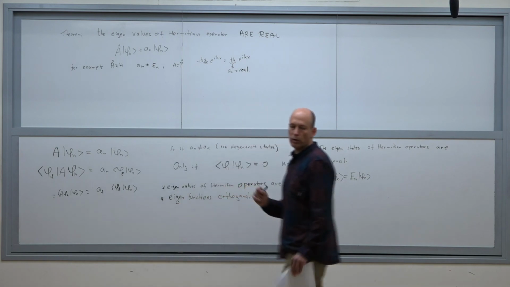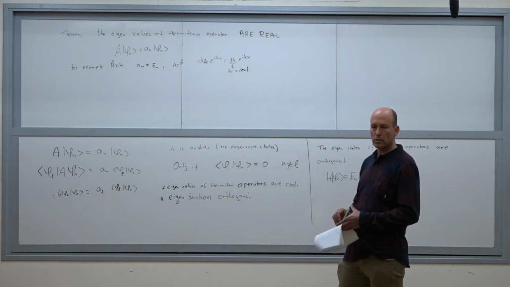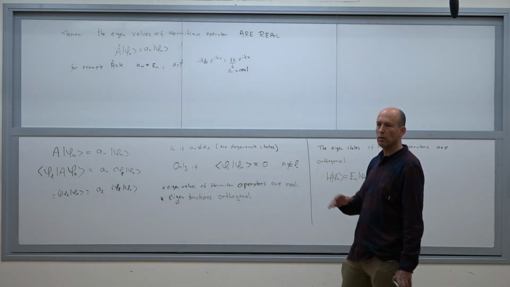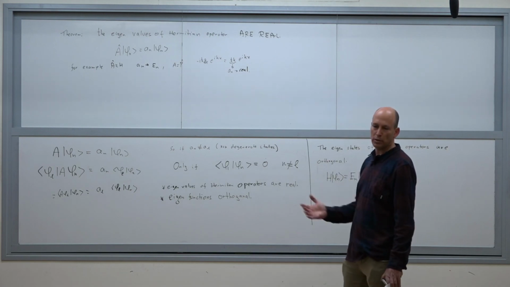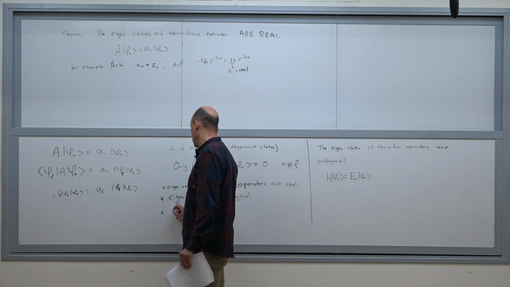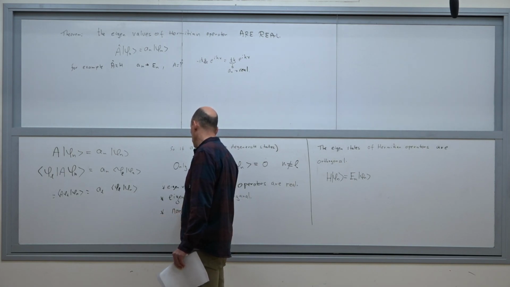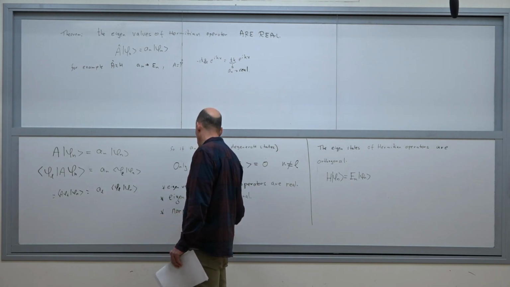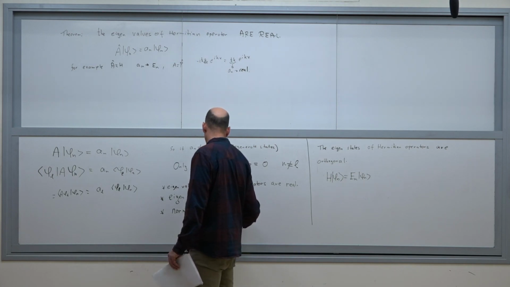And because we demanded that the norm exists in the Hilbert space, the norm is finite, so the wave functions can be normalized.